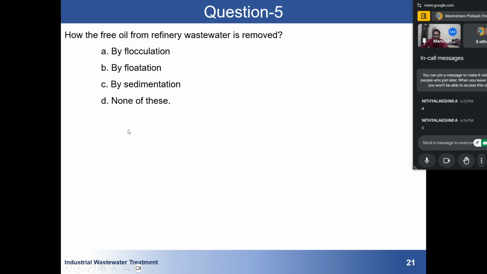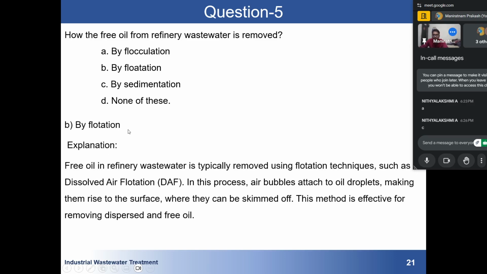Anyone with its answer? The correct answer is by flotation. Free oil.